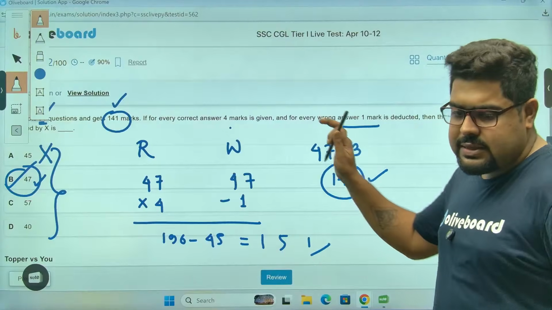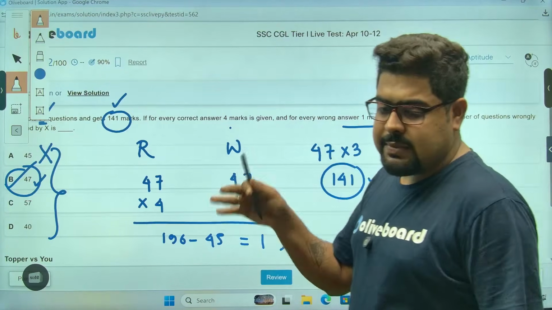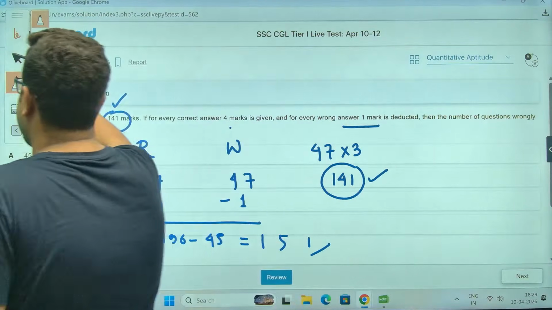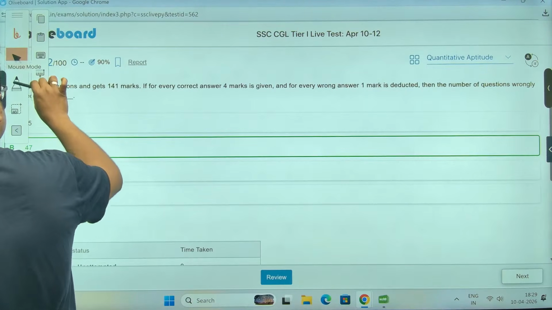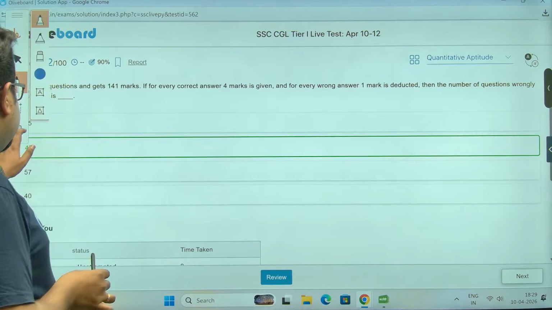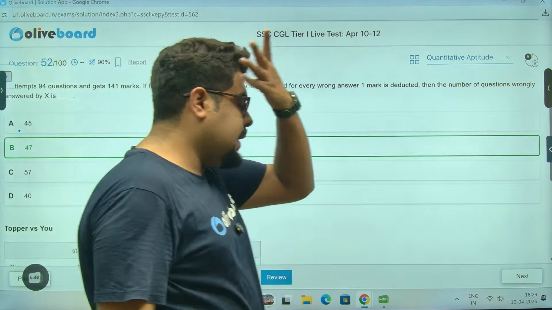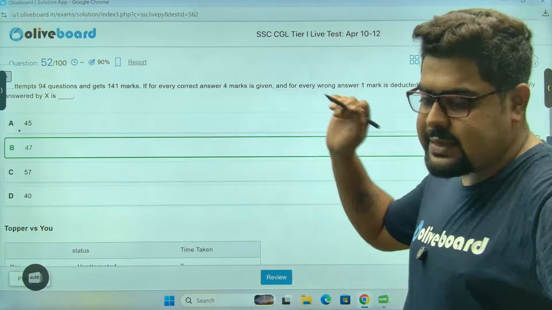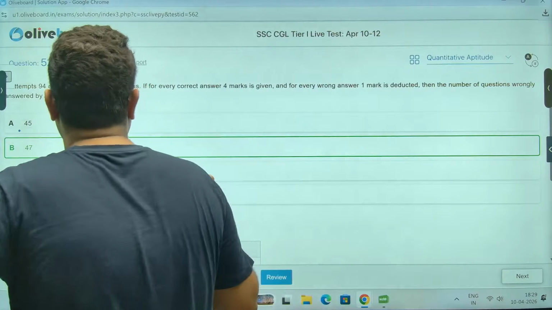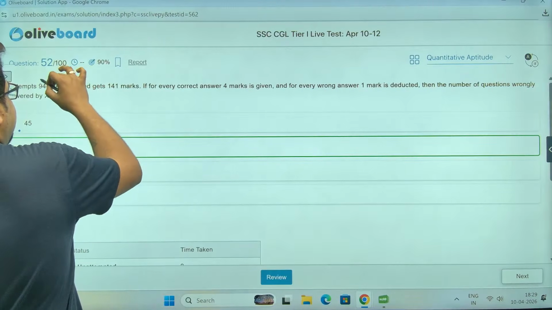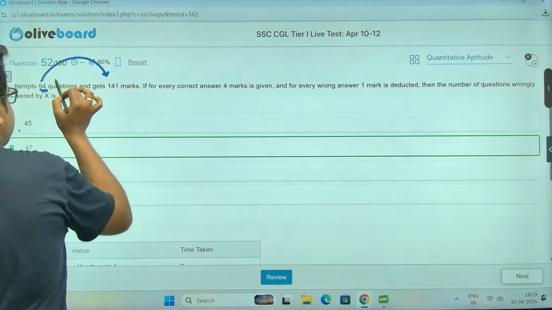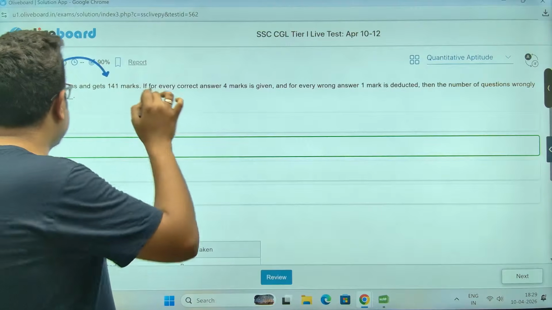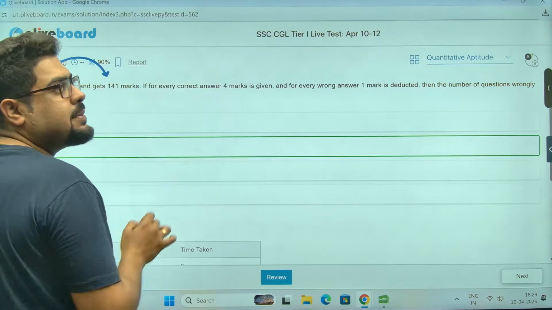But again, this is trial and error. Sometimes it might take you a little longer time, right? So is there any other way, sir, logically? If somebody is willing, if you're okay with thinking a little logical way, yes, there is another way. Think. Let's say all 94 questions, this particular person has attempted correctly.